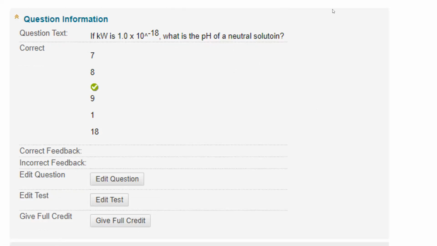Okay, Kw. If Kw is 1.0 times 10 to the minus 18th, what's the pH of a neutral solution? All right, so remember that Kw is equal to the hydrogen concentration, or really it's hydronium, multiplied by the hydroxide concentration.